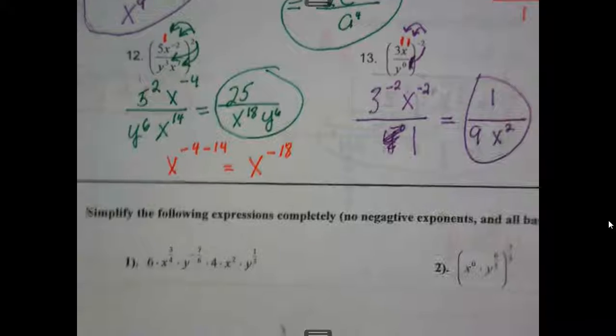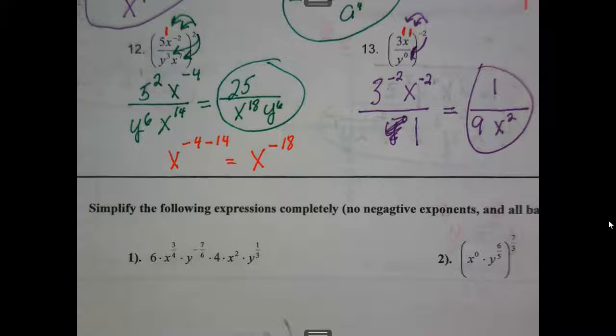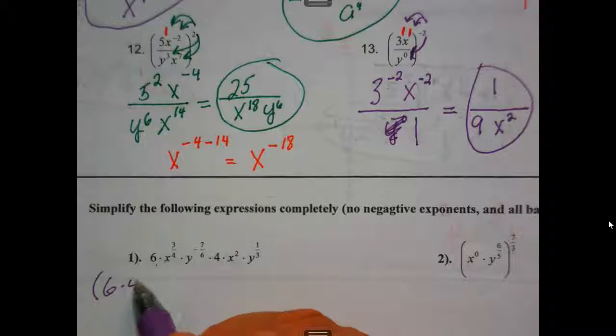Then we did 6.4 part 2 where we had rational exponents or fractional exponents. Now, number one would be a good candidate to group everything together. So I'm going to group my numbers, 6 times 4.